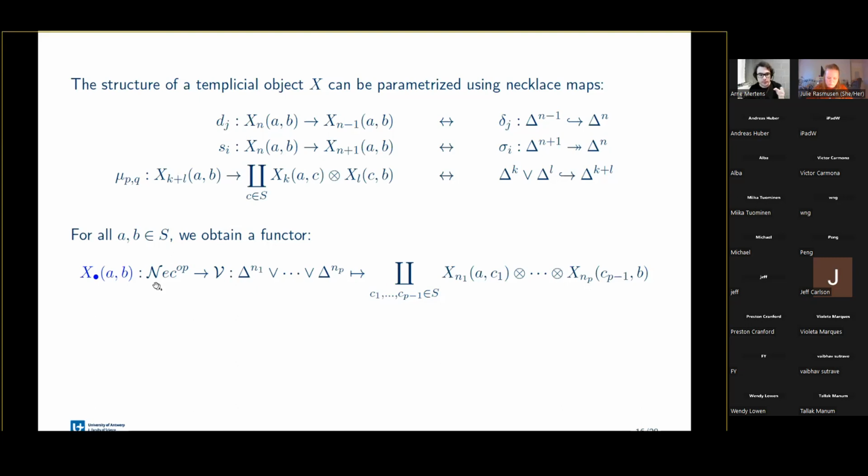And then the maps between necklaces are sent to the appropriate composition of face, degeneracy and co-multiplication maps. So it's a bit of a rearrangement of the structure, but the upshot of this is that we can now describe the structure of a templicial object not through a colax monoidal functor, but through an actual functor. This is just a normal functor from necklaces to V.